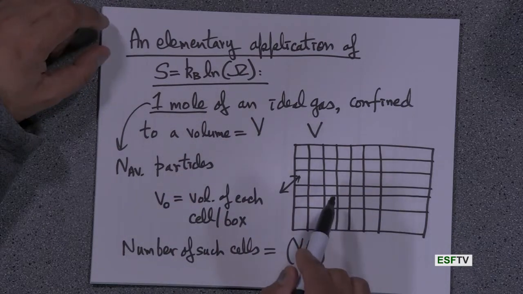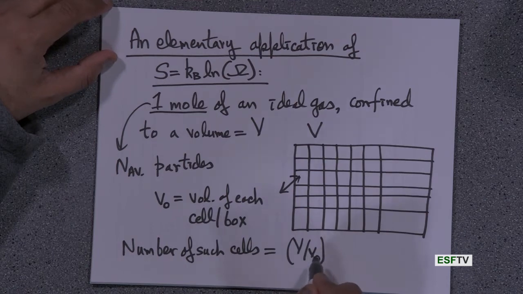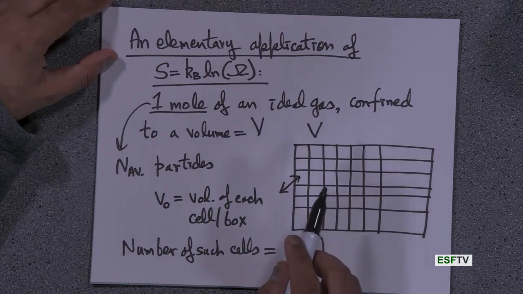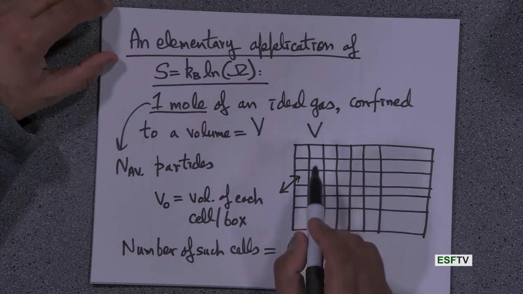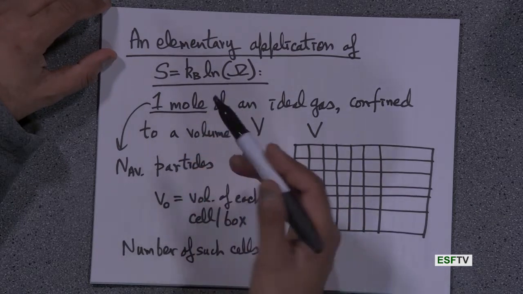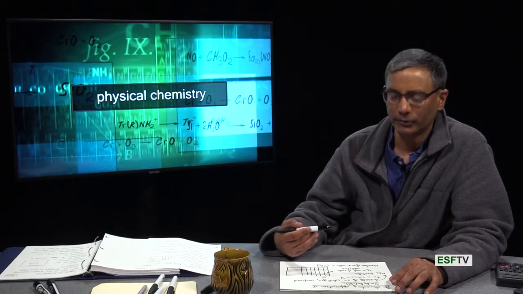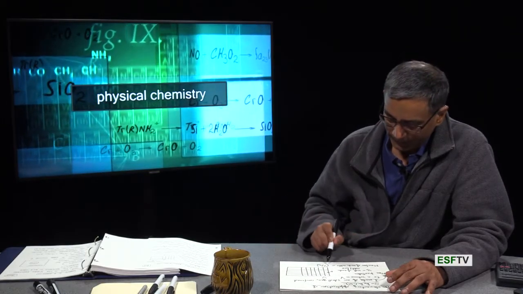But once we have completed our calculation, the cell volume drops out and it is no longer relevant. It's a tool that enables us to estimate what this number omega is, but otherwise is not going to play a major or an important role. Okay, so that's the number of cells.